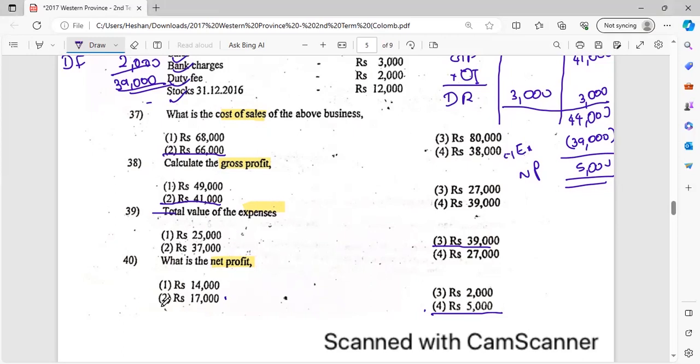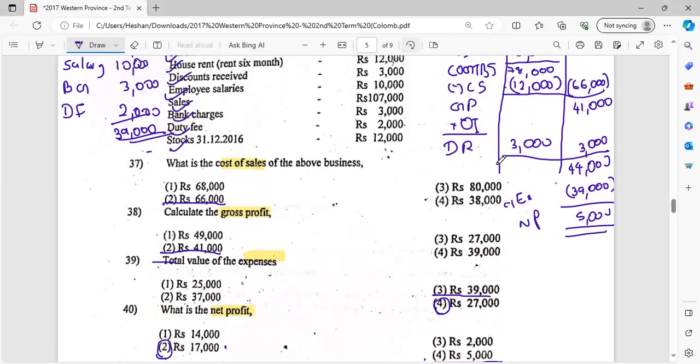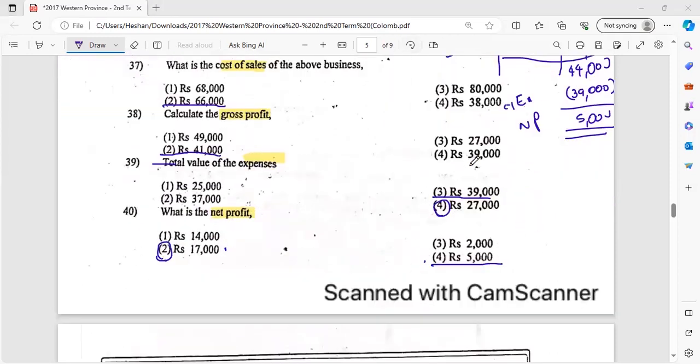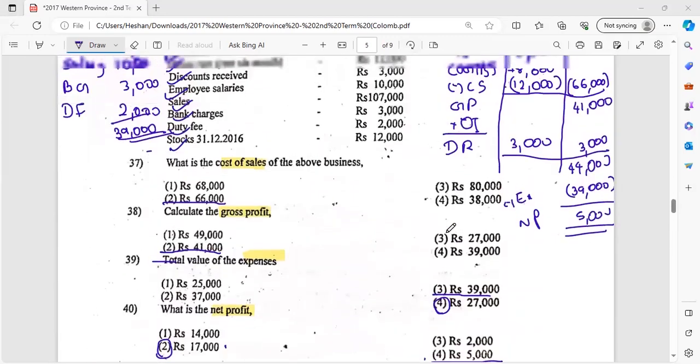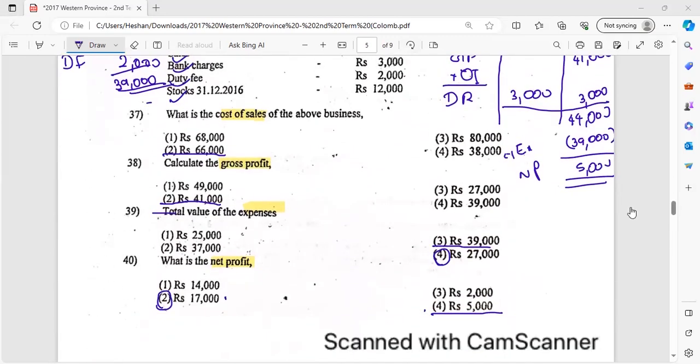Sometimes this also can be your answer. This is how we write. So 37, answer number 2. 38, answer number 2. 39, answer number 3, or 4. 40, answer number 4 or 2.